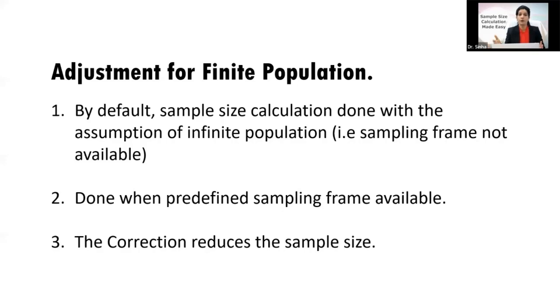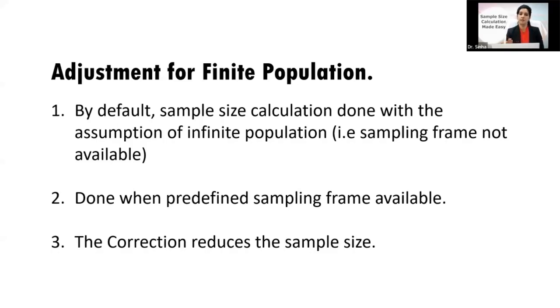Or if you are doing it record based, like with COVID, many people did their study analysis from the existing COVID database. So if you have 1800 patients of COVID in the last 1 year, and your calculated sample size is many more, then you already have a sampling frame, so you can do a population correction. This population correction is needed only when your sampling frame is less than 10,000.